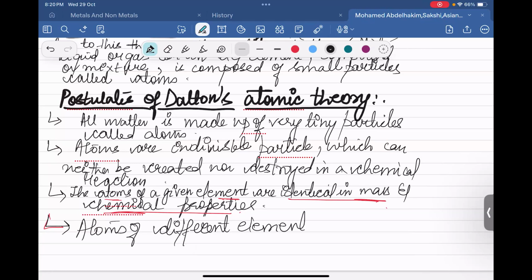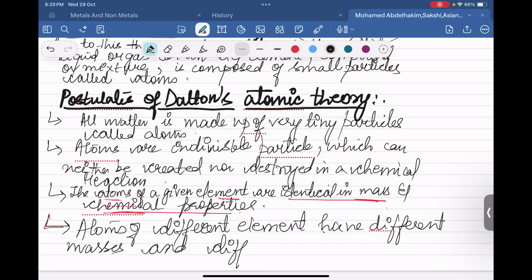If two or three elements are there, then they have different masses, and obviously different chemical properties.